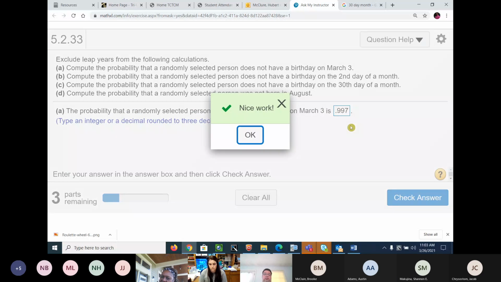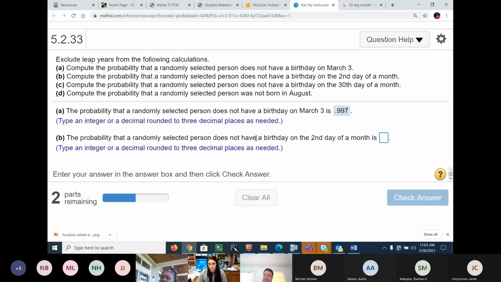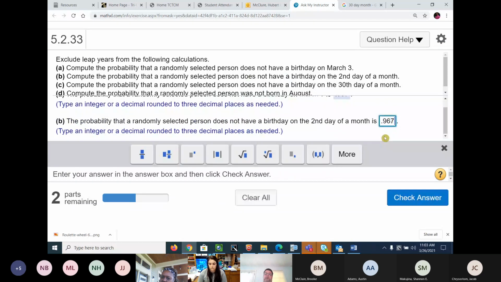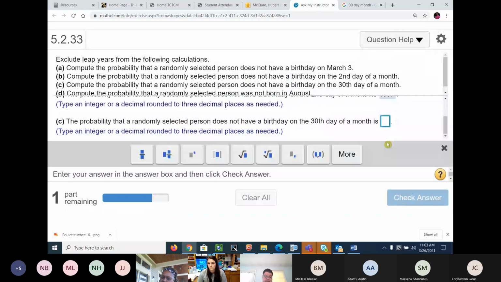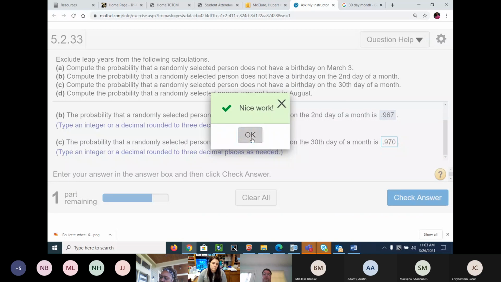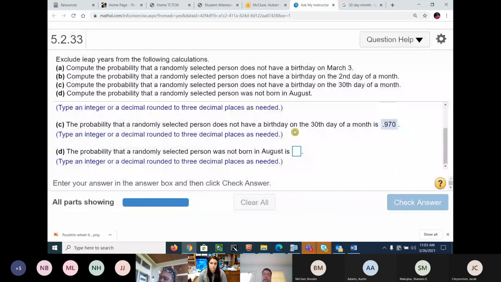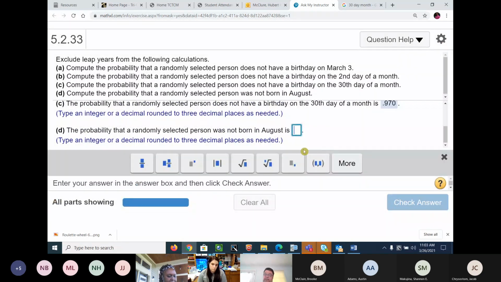The second one is 0.967. The third one is 0.970. And the fourth one is 0.915.